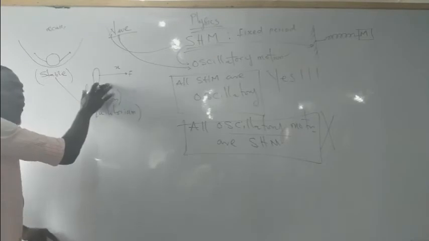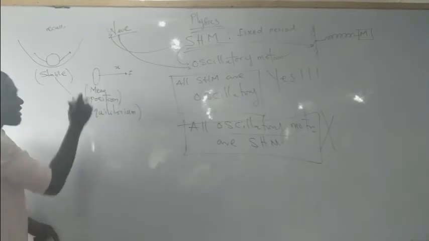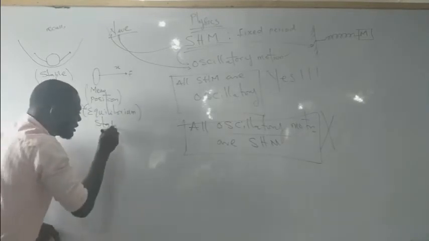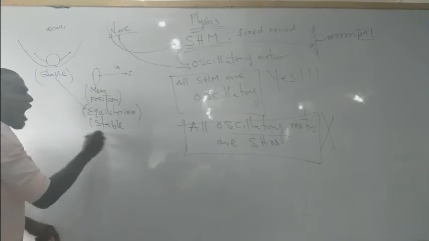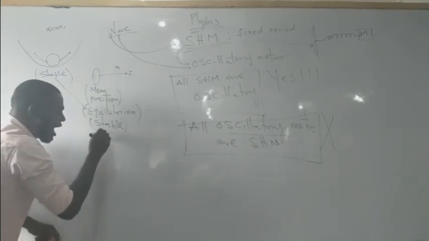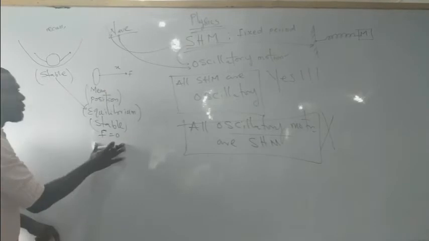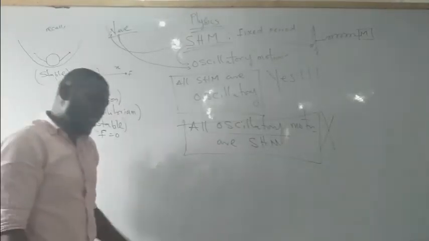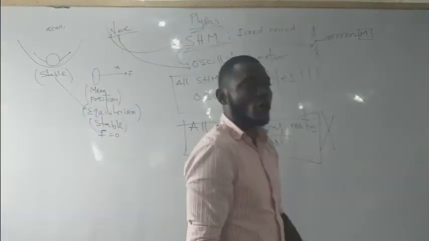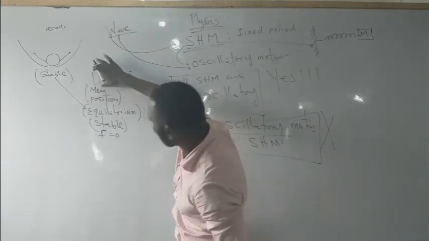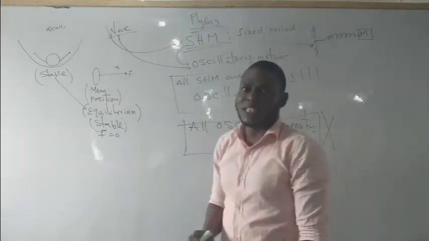So this point is what we call stable equilibrium. And at that point, F will be equal to 0, because in equilibrium, net force must be equal to 0. The equilibrium position, the mean position, take note.